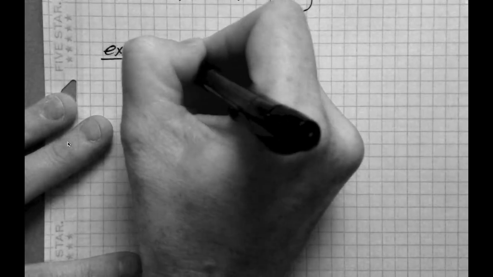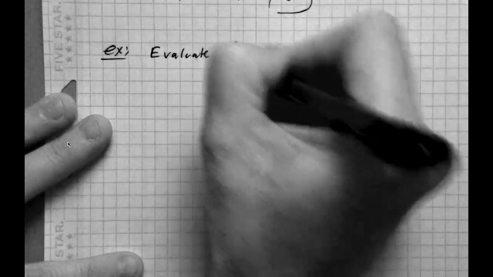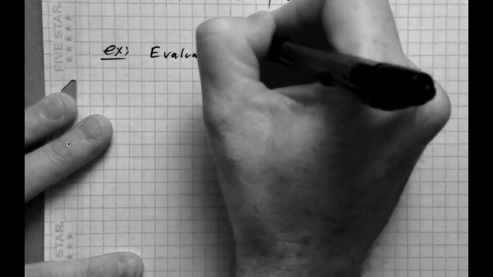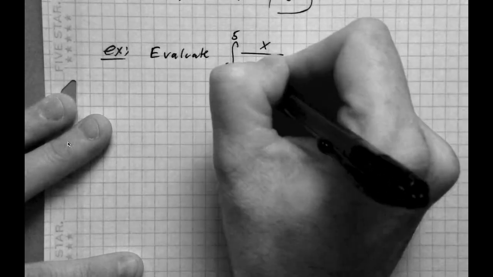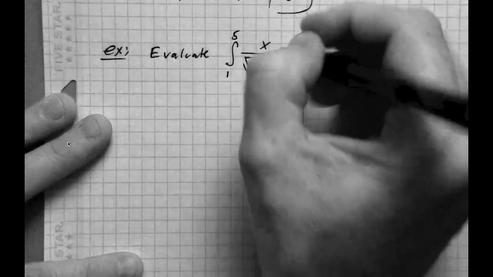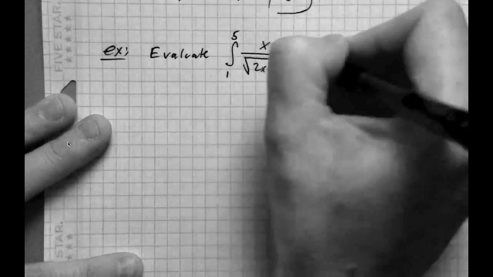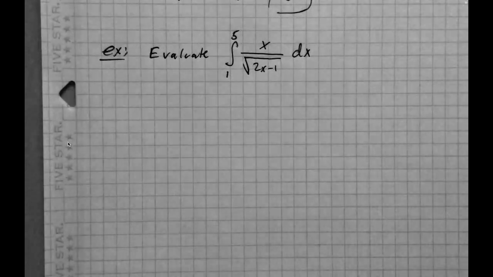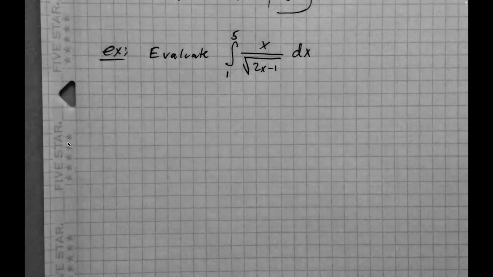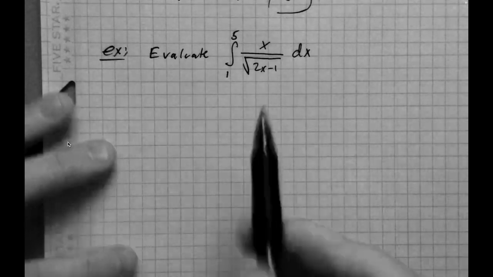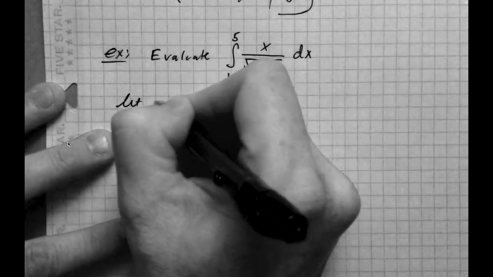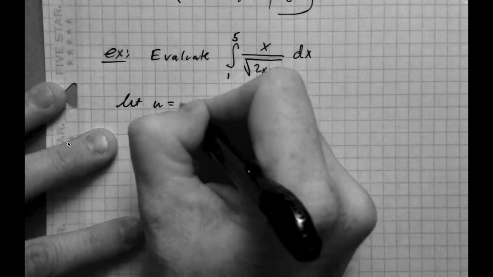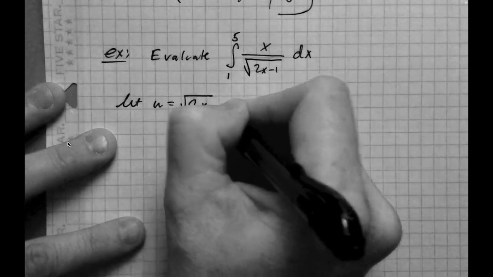Say we want to evaluate the integral from 1 up to 5 of x divided by the square root of 2x minus 1. Let's let u equal the square root of 2x minus 1.